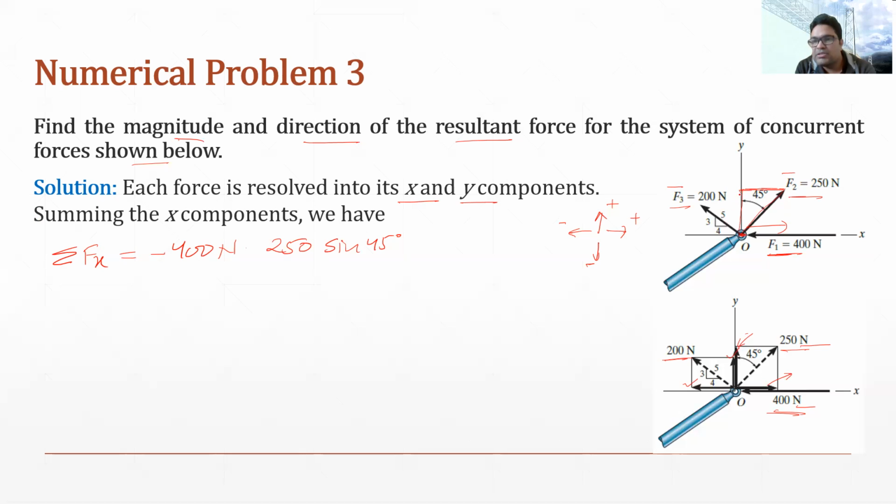This will be shown as 250 cos theta, and similarly this will be shown as 250 sine theta, and the same value will be this one also, 250 sine theta.